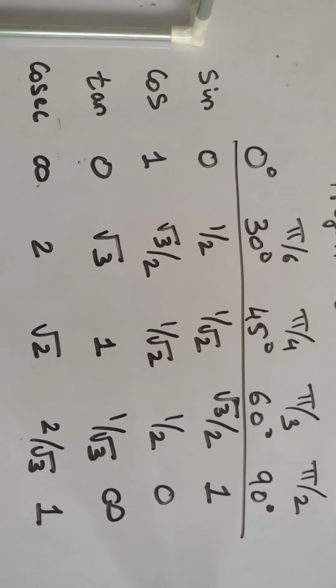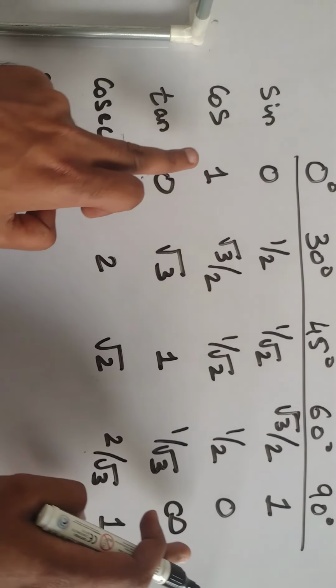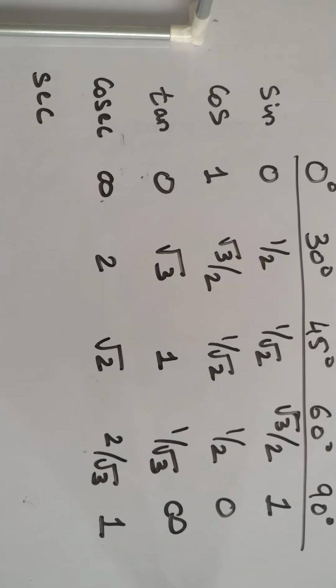So sec theta. You can find sec theta in two ways. You can either reverse cosec theta or you can take the reciprocal of cos theta. You can perform any one of the methods, you will get the same answer.